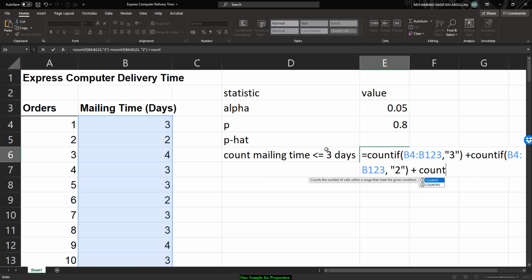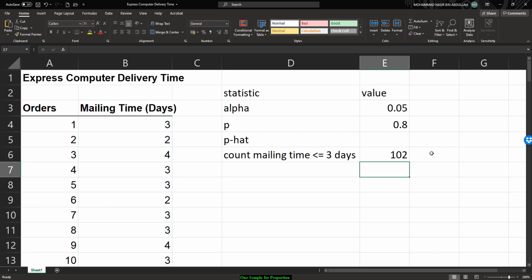So COUNTIF B4 until B123, and then we select 1, right? So now we are counting how many 1 day, how many mailing time for 2 days, and how many mailing time for 3 days.